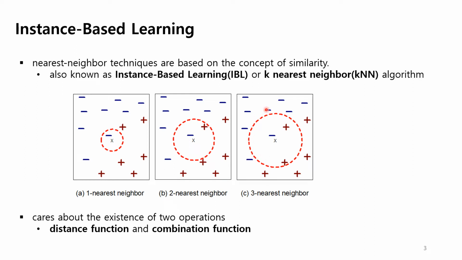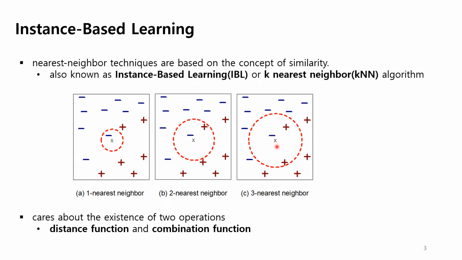Okay, so if you choose three neighbors, then in this case you have two plus and one minus. So if you simply choose the majority, then we can conclude X is plus.